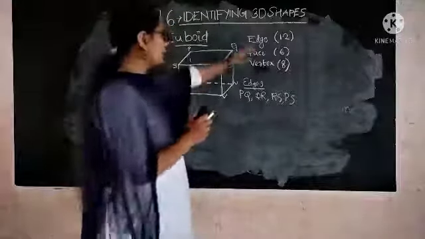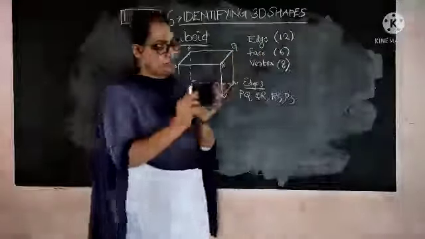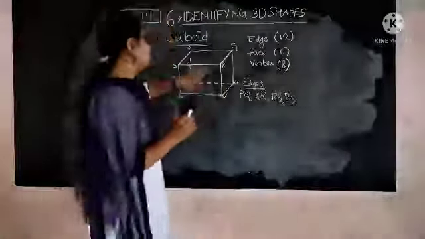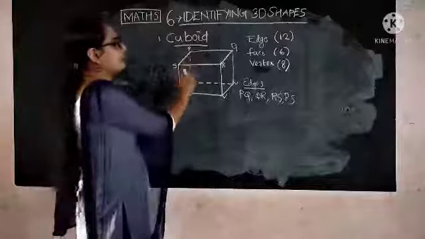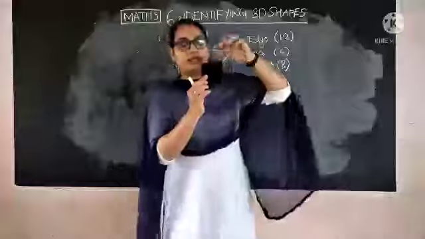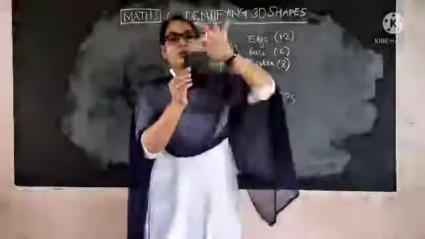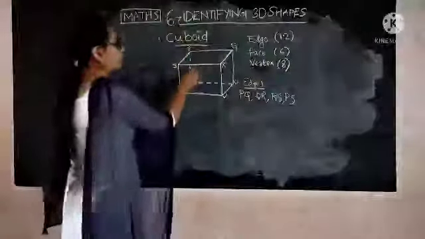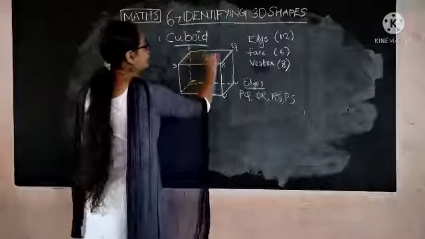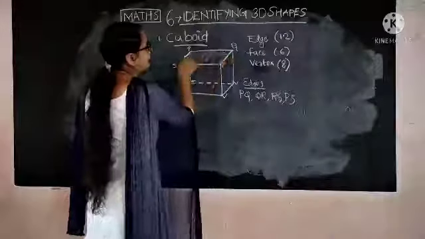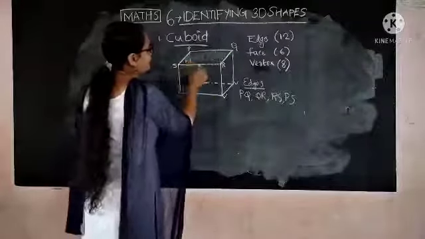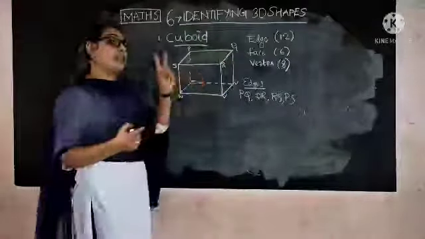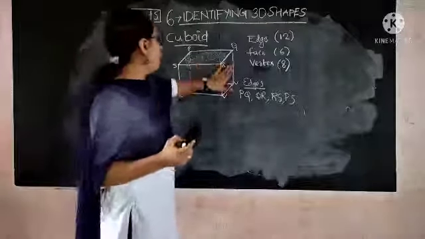Next we are going to faces. What is a face? This area is called the face of a cuboid. Here we have 6 faces. This one is the first face, this one is the second face, and on the back side of this face we have the third face, 4.